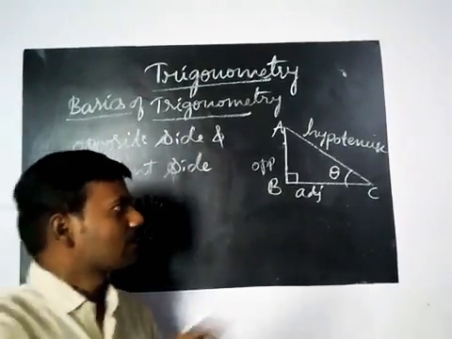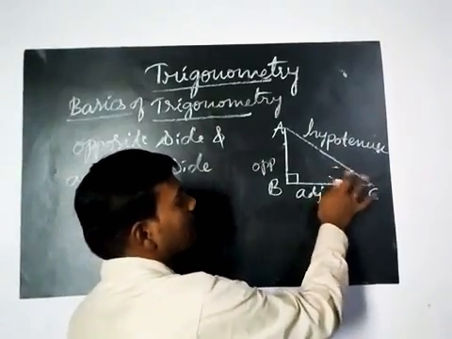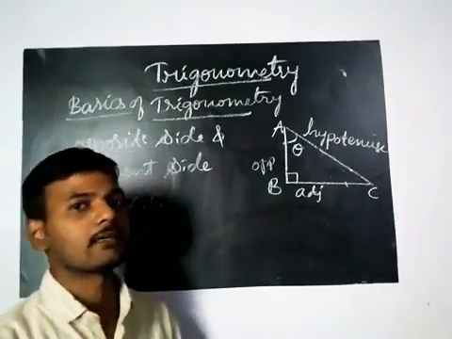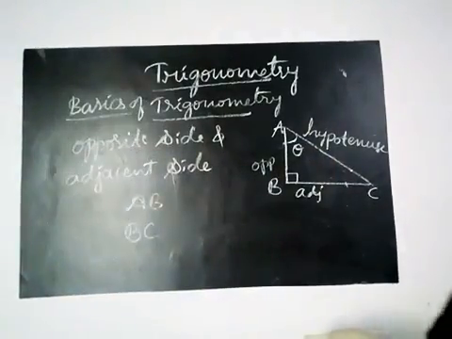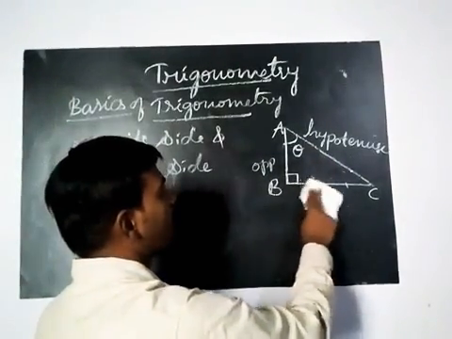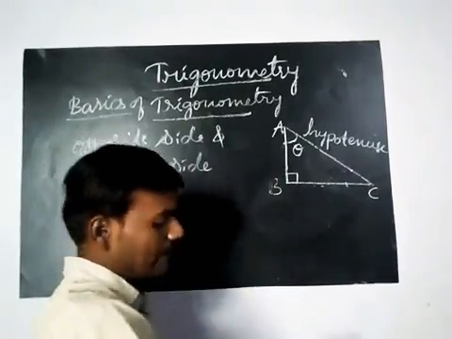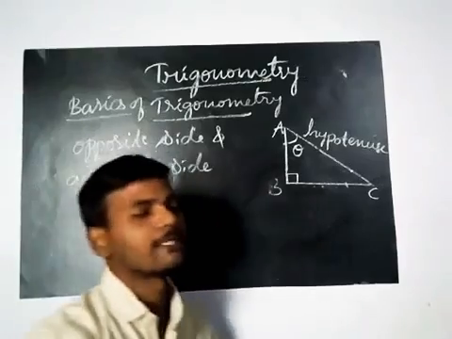If the other angle is marked as theta, then the sides change. As related to the angle theta, we name the sides. The hypotenuse remains as it is, there is no change in it.